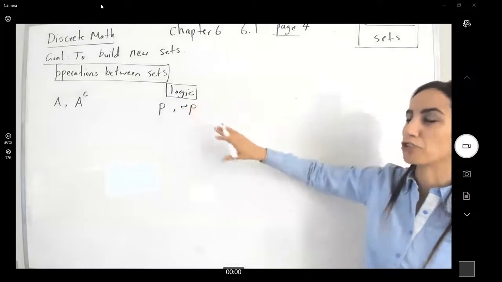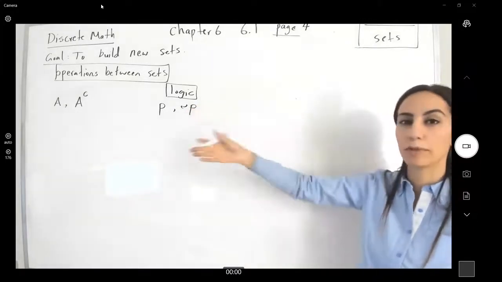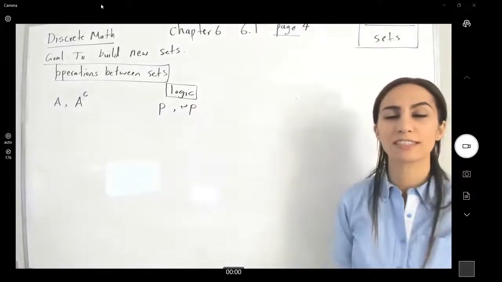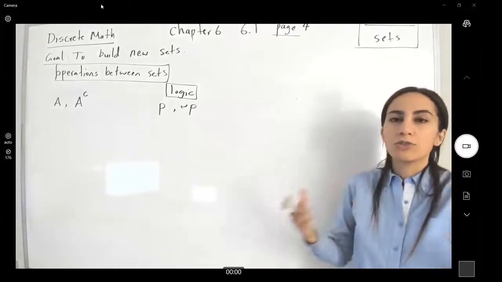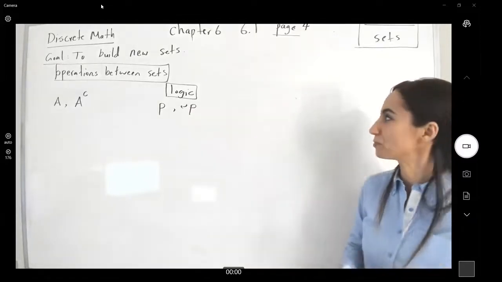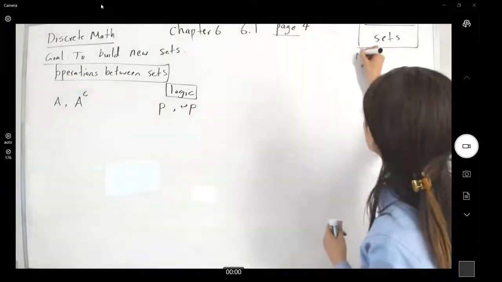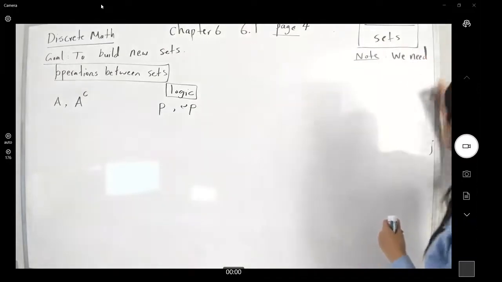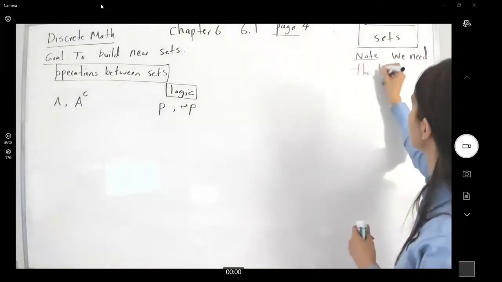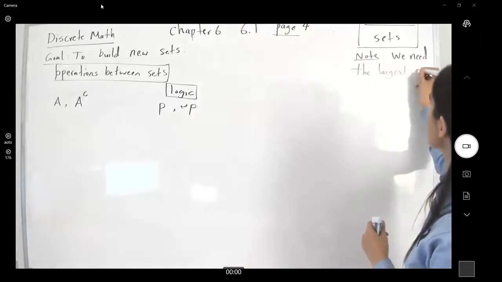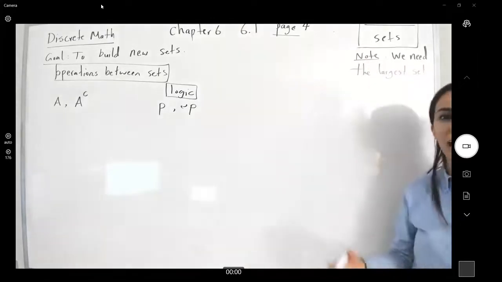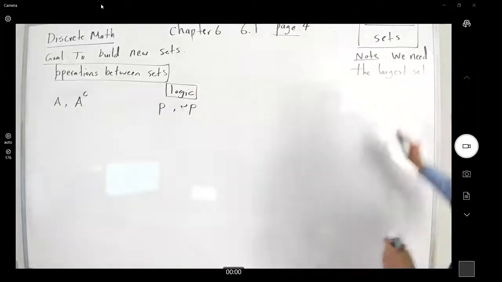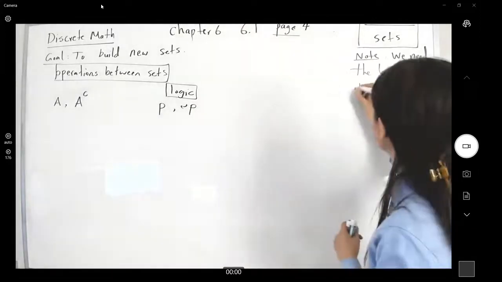Before writing down the official definition of the complement of a set, we're going to talk about the largest set possible, which we call the universal set. Note that we need the largest set. That set includes everything that we know and we don't know.